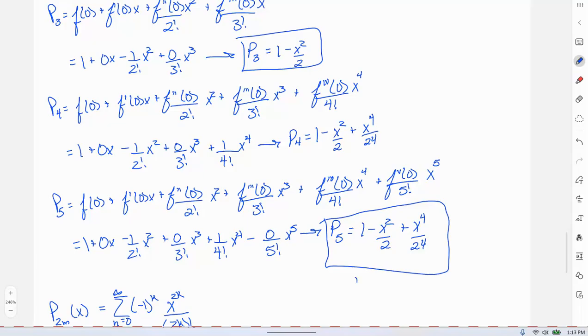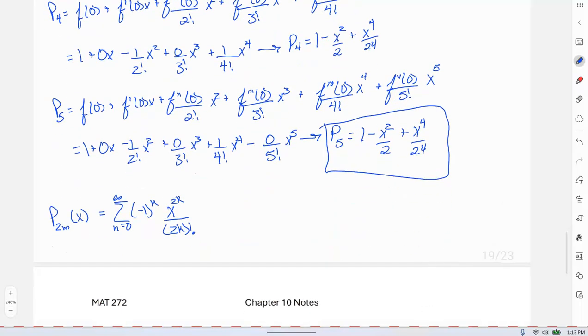Even that 1 we could write as 1 times x to the 0, which would be an even exponent. So we could write that as a sum from k equals 0 to infinity of -1 to the k. So you can see how it's alternating between positives and negatives. And then it's going to be x to the 2k, because we want evens, divided by 2k factorial. So sometimes, like I say, you can see those patterns coming out.